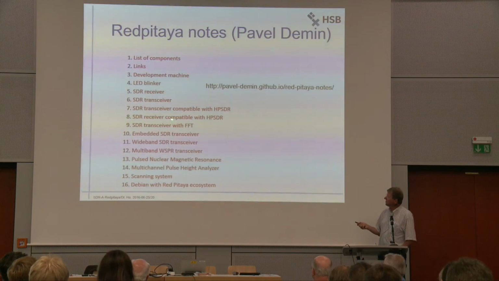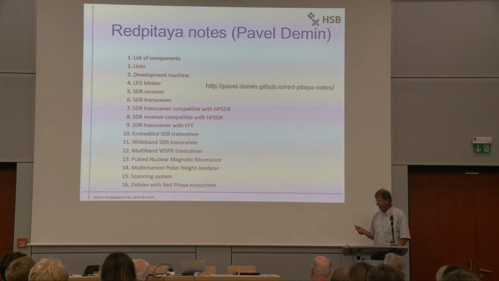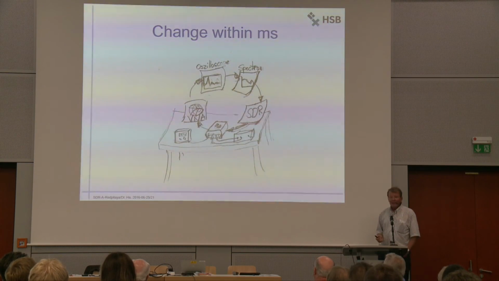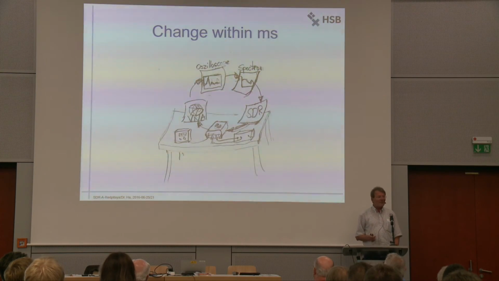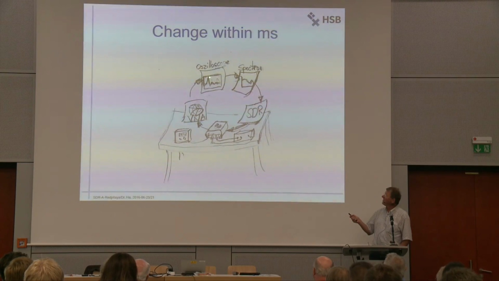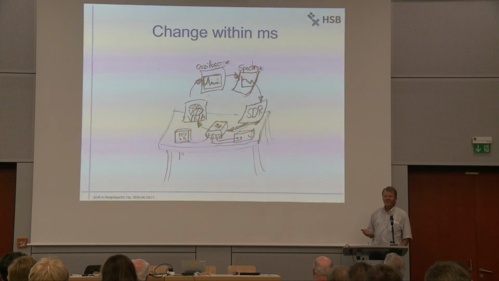And you find the SDR receiver or the transceiver with HPSDR. Remember, change will be done within milliseconds. You see the VNA, the oscilloscope, the spectrum meter, the SDR, and you can switch in milliseconds.